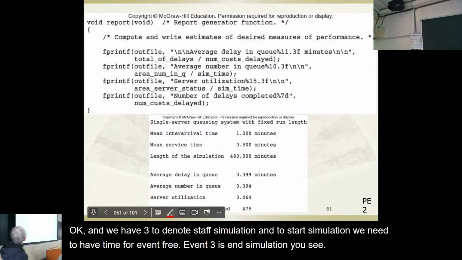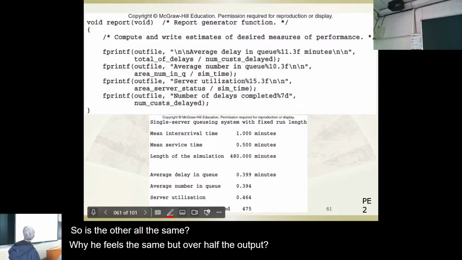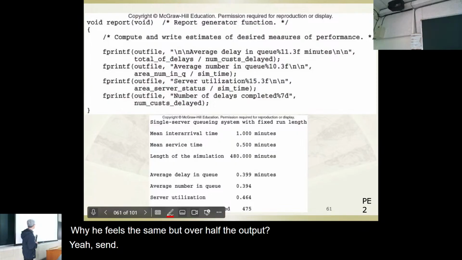So it's still all the same. It's still the same, but we will have the output here. Same and same.